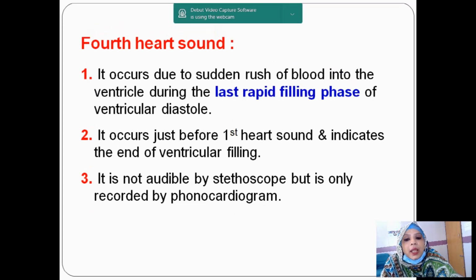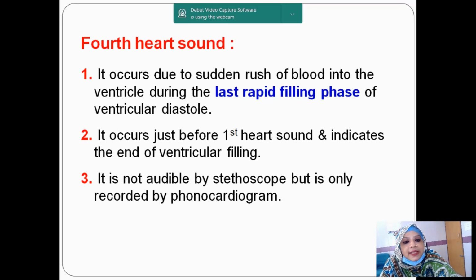Now the fourth heart sound occurs due to sudden rush of blood into the ventricle during the last rapid filling phase, that is the last phase of ventricular diastole. We can record this fourth heart sound. It occurs just before the first heart sound and indicates the end of ventricular filling. I think you remember that atrial systole and the last rapid filling phase always coincide with each other.